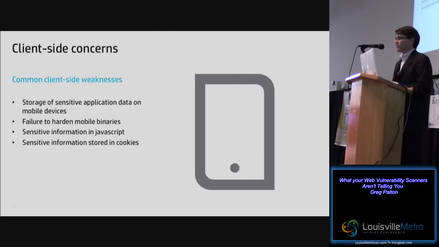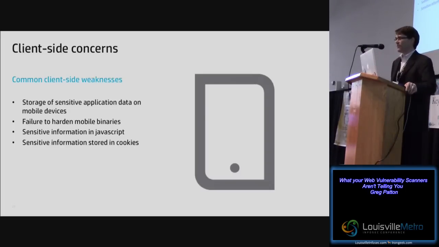To mobile customers, one thing that I like to tell them is if you have a piece of sensitive information, such as a security number, banking account, passwords, whatever, first ask the question, do I need to store this? And if you don't need to store it, then don't store it at all. Second question, if you do need to store it, you ask the question, can it be stored server-side?